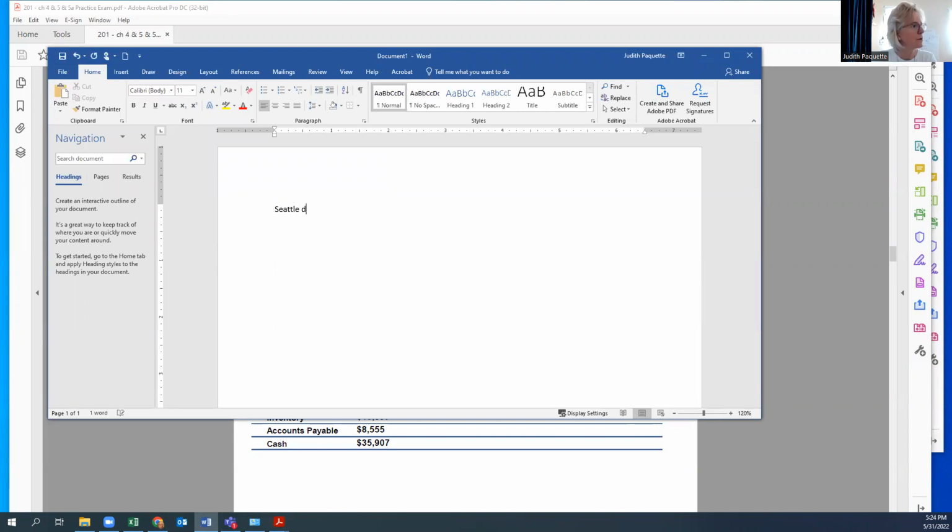So Seattle Door sells to, can you see this sheet, this Word document? To Kraft. Okay.